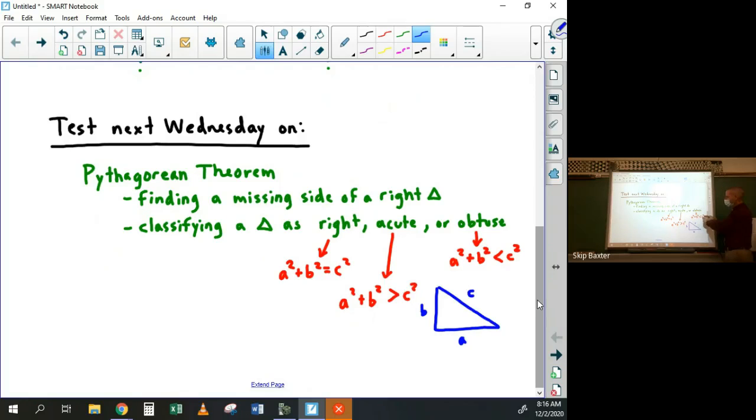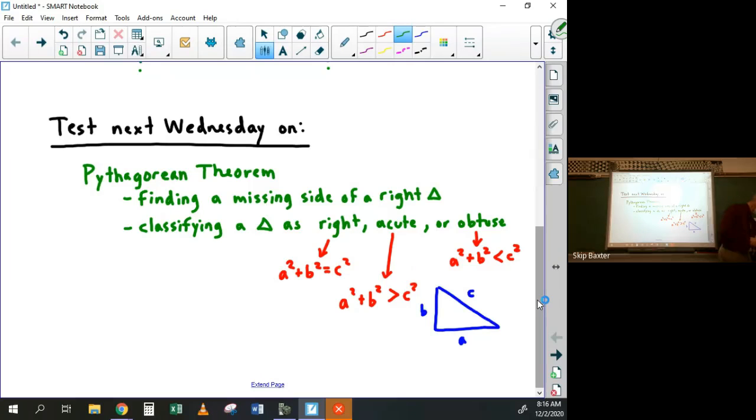C is a little bit longer than the sum of the squares of these two sides. So that's kind of how I keep it straight. Like if C is a little bit longer, then it's this situation and that angle has to be obtuse. If C is a little bit shorter, that angle becomes acute. Does that make sense? That logic? It just helps me keep it straight.